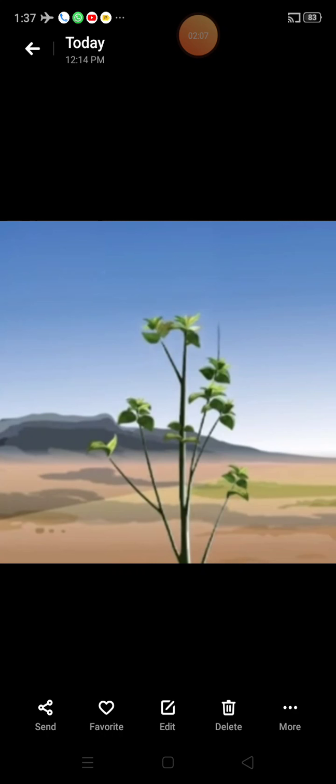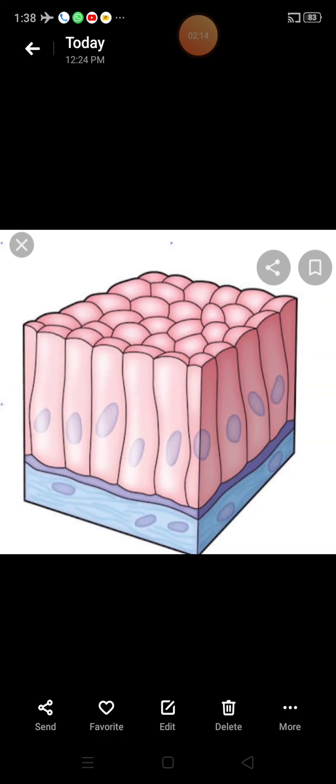Okay, once again you have another picture regarding animal tissue. You have to identify the picture and write about it. You can see two distinct colors, and one is the base where a number of tall pillar-like cells are situated.